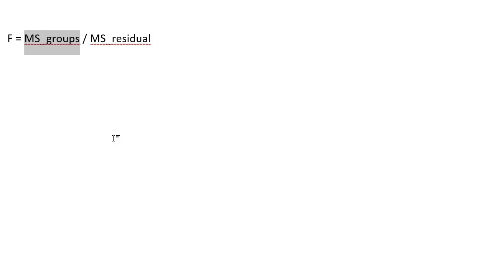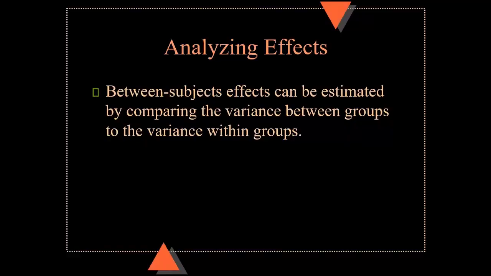If there is no difference in groups, we expect the mean square for groups to be about the same as mean square residual, and so you're going to have an F ratio near 1. Okay, so that's what we mean when we talk about estimating by comparing variance between groups to variance within groups.